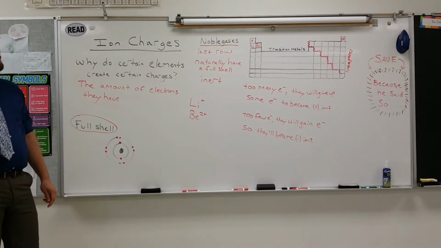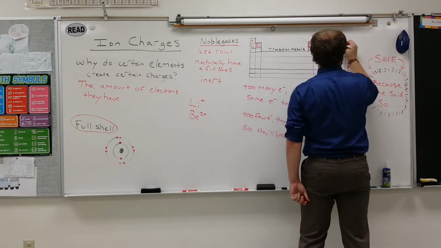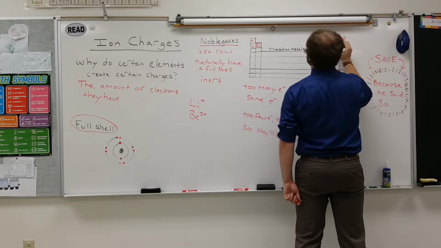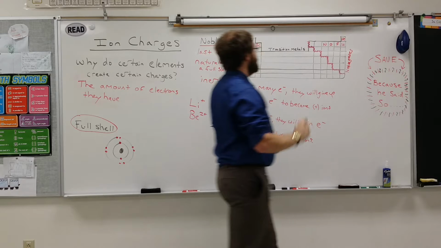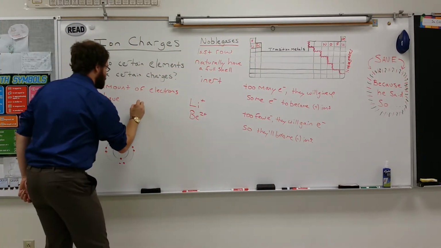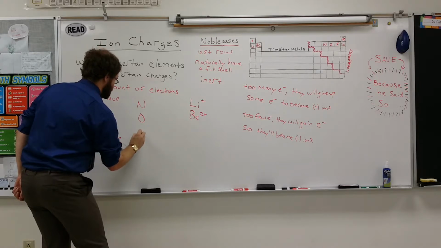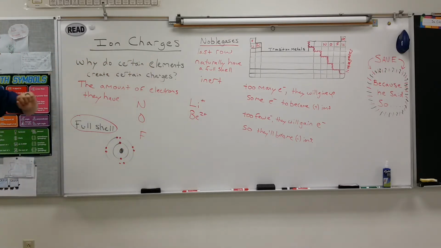The same can be said for the other side. Over here, this is number 10, neon. We've got fluorine is number 9, oxygen is number 8, and nitrogen is number 7. All of these ones, nitrogen, oxygen, and fluorine, are short of the perfect full shell.